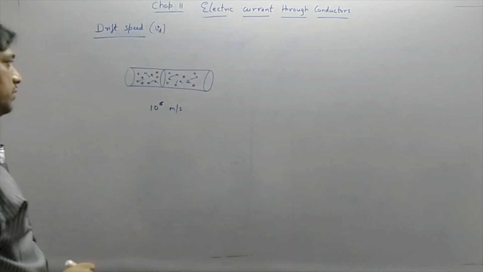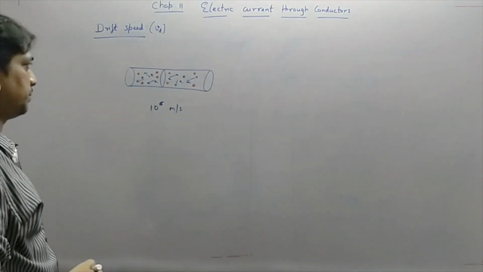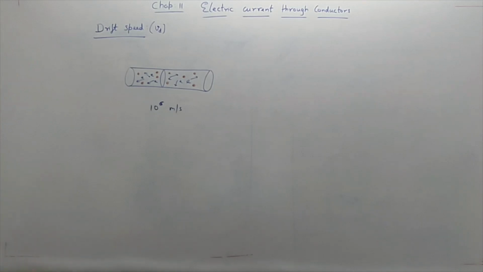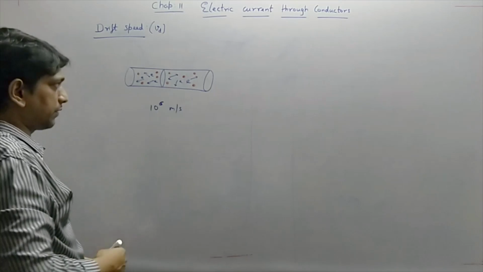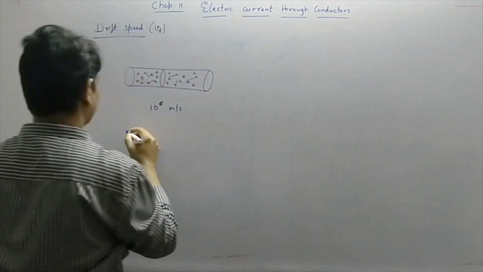They are moving with a very high speed initially, when we are not applying an electric field. As we apply an electric field, what happens?